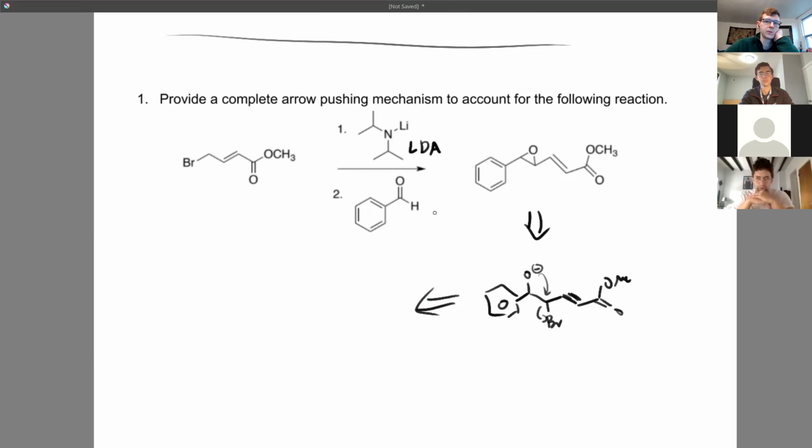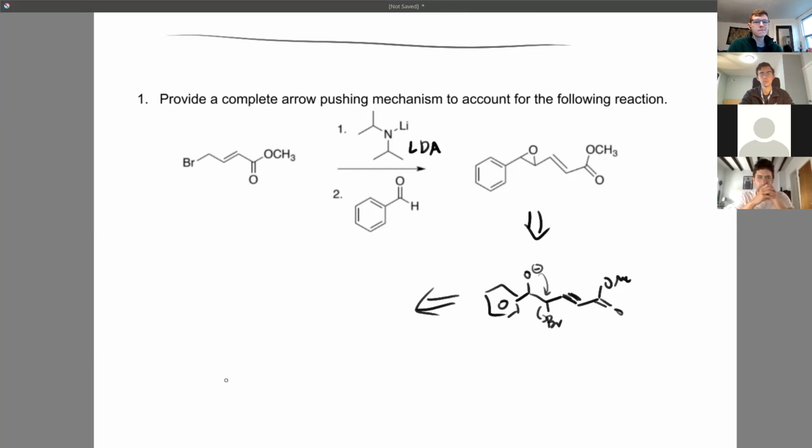Okay. And before that happens, I really took for granted what LDA does. Does the nitrogen protect the carbonyl? As far as I understand it, LDA is basically just a base to deprotonate.